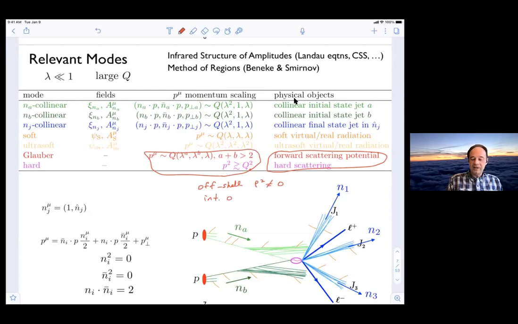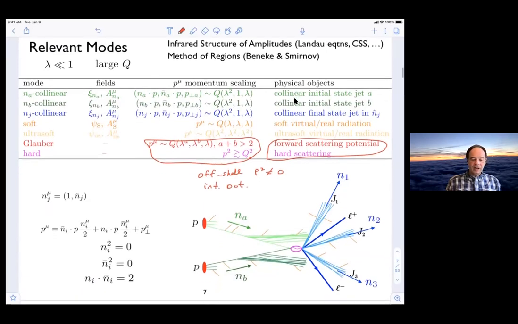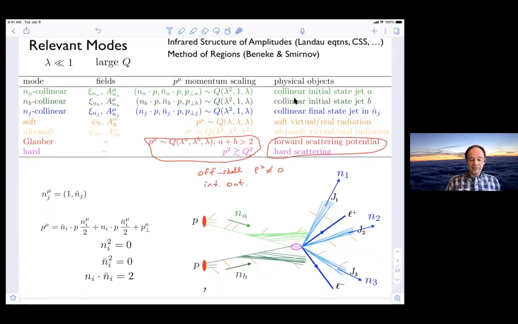That's kind of the obvious thing to do when you're thinking about the hard modes, because they're at the highest scale in the problem and they're shrinking to a short distance interaction. It's also how we're going to treat the Glauber interactions. They're going to be treated as a non-local off-shell kind of potential in the EFT, and I'll eventually get to that.